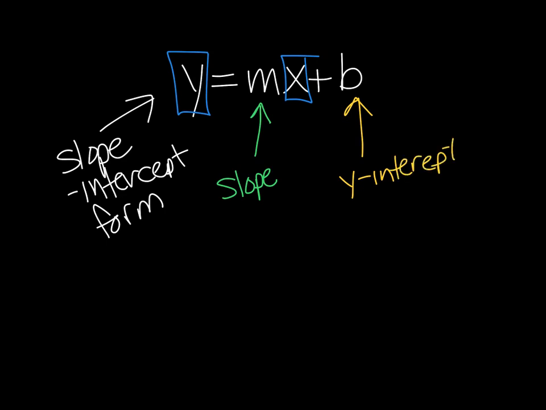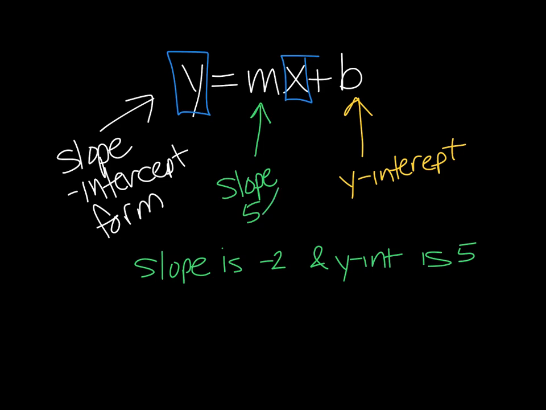Now sometimes they're as easy as, seriously, if they do this to you, you better get it right because there's really no excuse. If they tell you the slope is -2 and the y-intercept is 5, then you had better be ready to plug -2 in for the slope and 5 for the y-intercept.